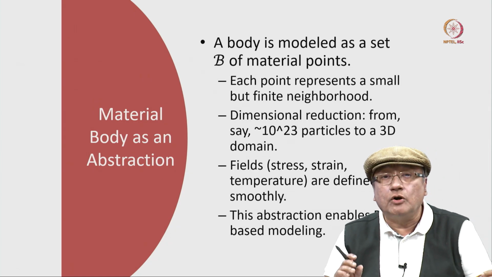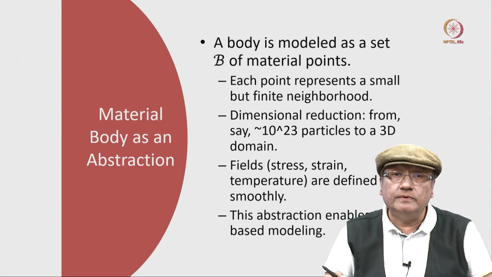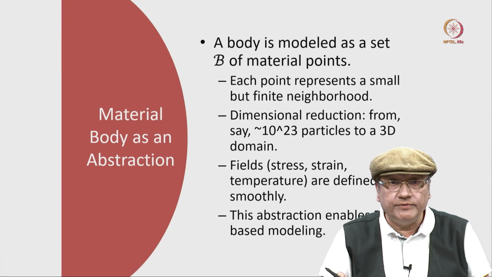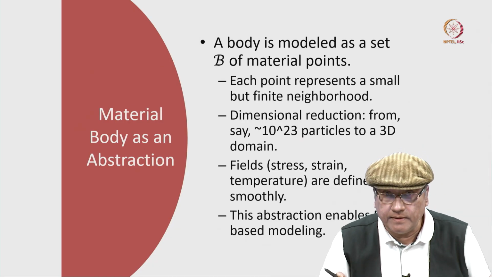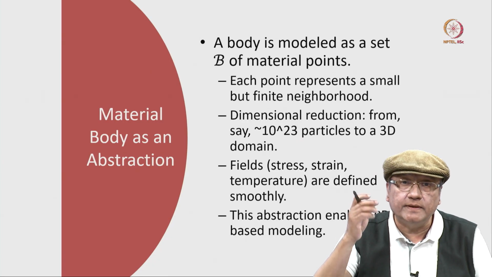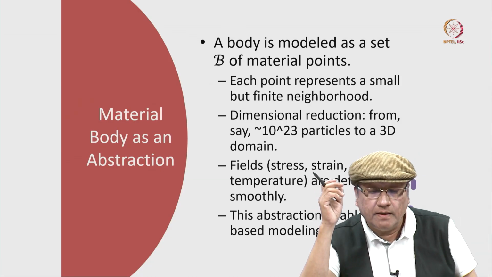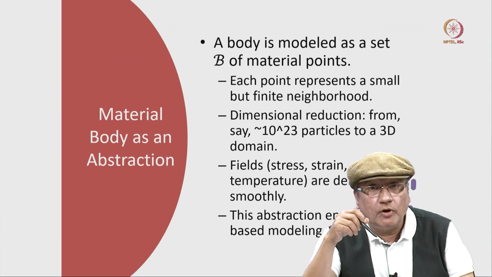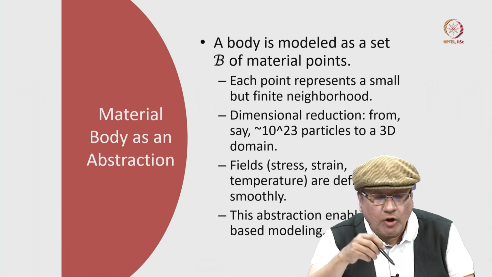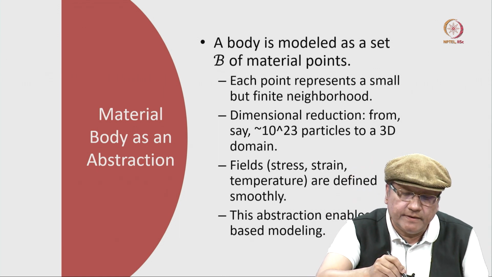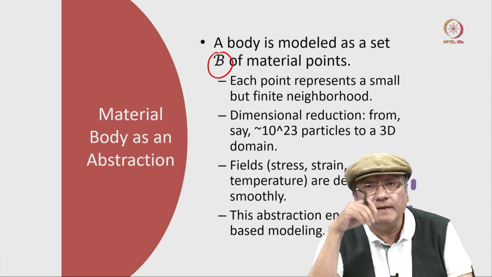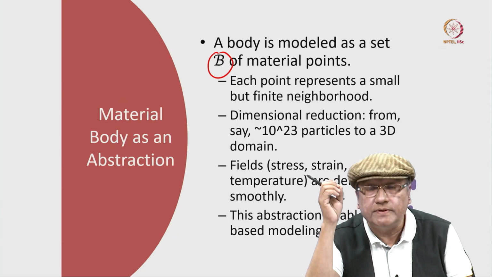So let us talk of, from this point of view, a material body, which is an abstraction in describing the continuum. A material body is typically modeled, call this material body as script B here, right? It is typically modeled as a collection of material points.